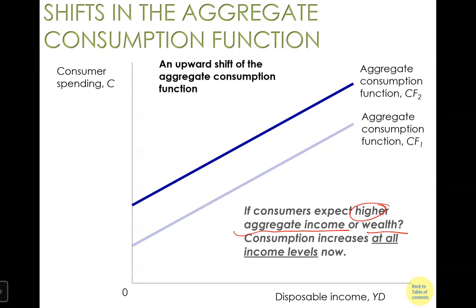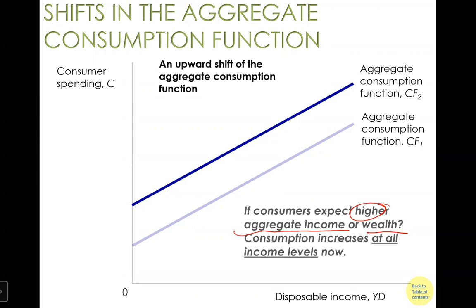Why does higher income or wealth lead to a consumption increase? It's because you have confidence and more money to spend. Just think about a housing market boom or a stock market boom. Or as a college student, you are expecting to get a good job in one or two years, and that usually gives you confidence to spend, right?